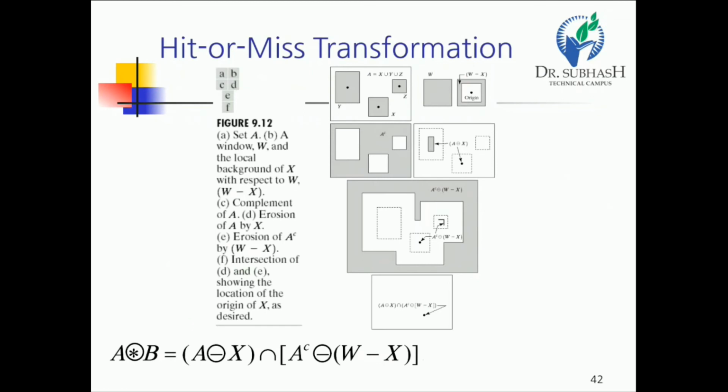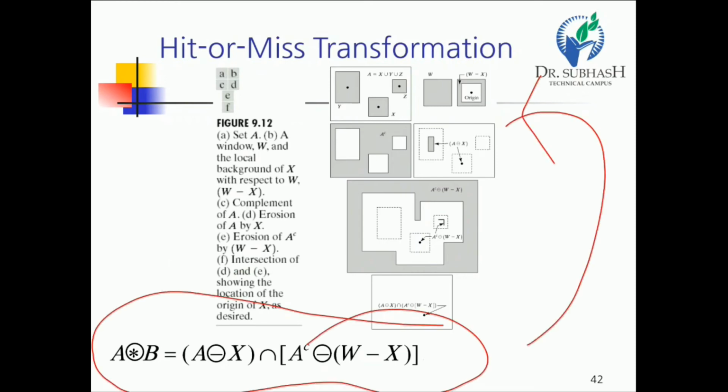The hit-or-miss transformation can be represented with this function, and the representation can be done by using different images.